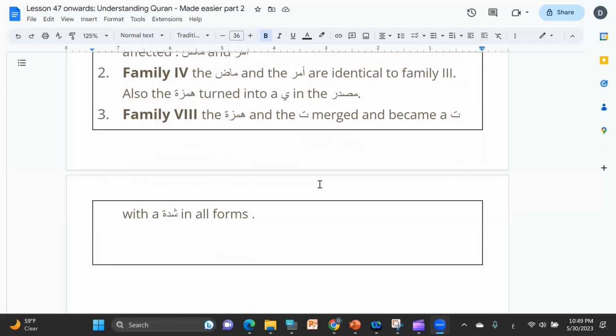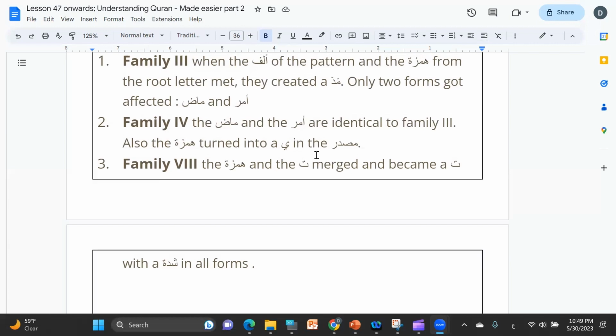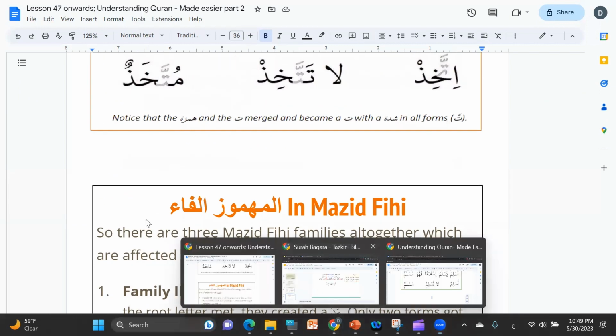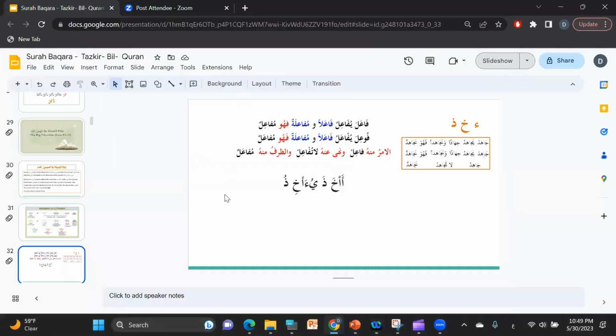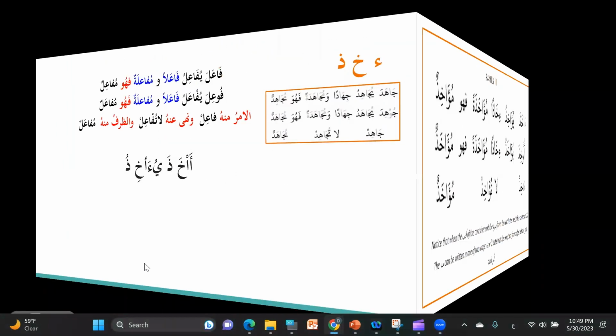And in family 8, the Hamza is replaced with Ta, and then both Ta are merged, and we put a Shadda on all the forms. So these were the abnormalities of Mahmoozul Fa in Sulasi Mazid Fihi.